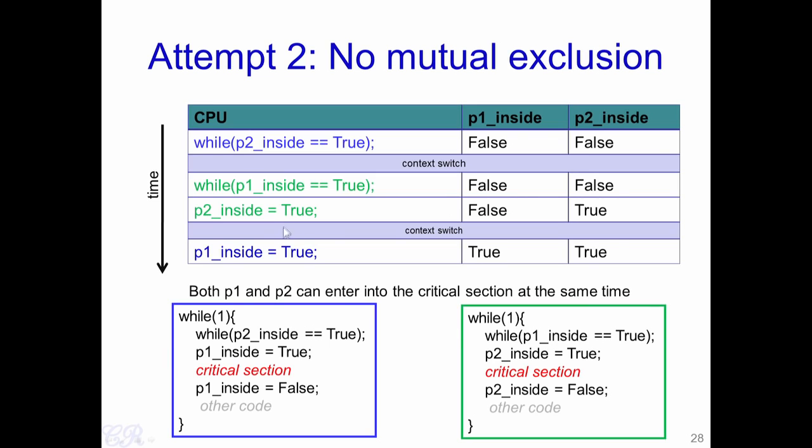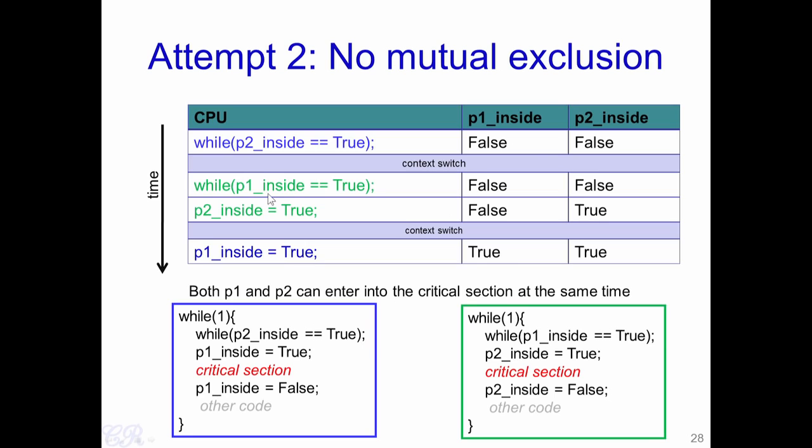Now, immediately after setting this, suppose there is a context switch and process P1 continues to execute, and it sets P1 underscore inside equal to true. Essentially, due to the context switch, it continues to execute from where it had stopped, that is, just after completion of the while loop, and then it continues with the next instruction over here, that is setting P1 inside equal to true.